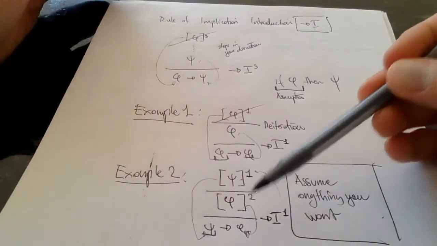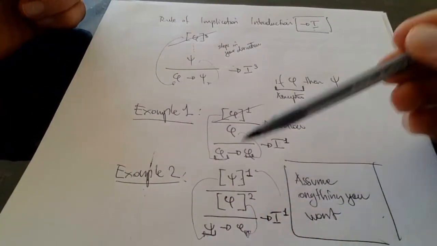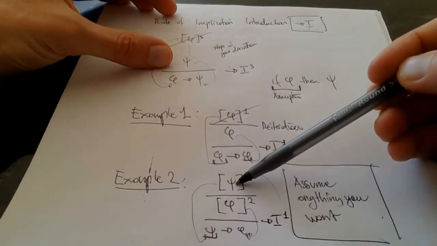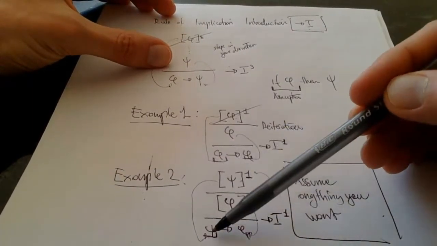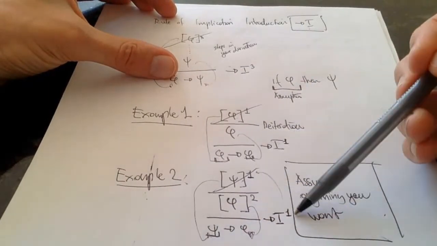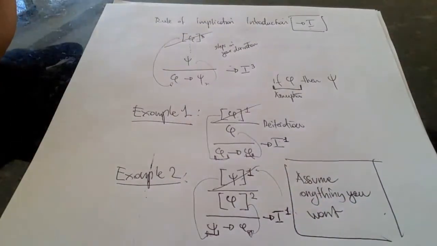It doesn't matter that this is another assumption. We're just following the general form, the general structure of the rule. And since we have put this assumption psi, assumption number one, as the antecedent of our implication, we can cancel it. We're keeping track of which assumption we are using, and so this is good.